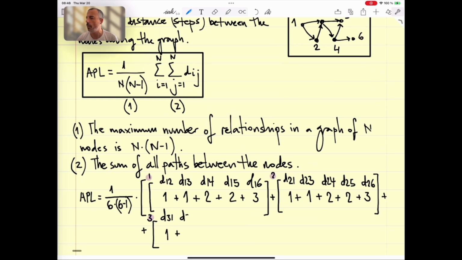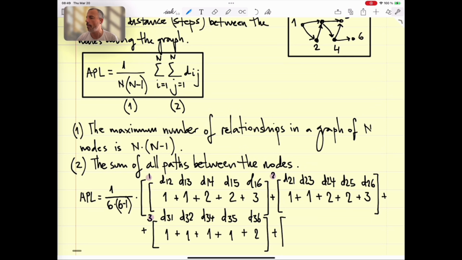Distance between 3 and 2 is going to be 1. Distance between 3 and 4 is going to be 1. 3 and 5 is going to be 1, plus 3 and 6 is going to be 2.